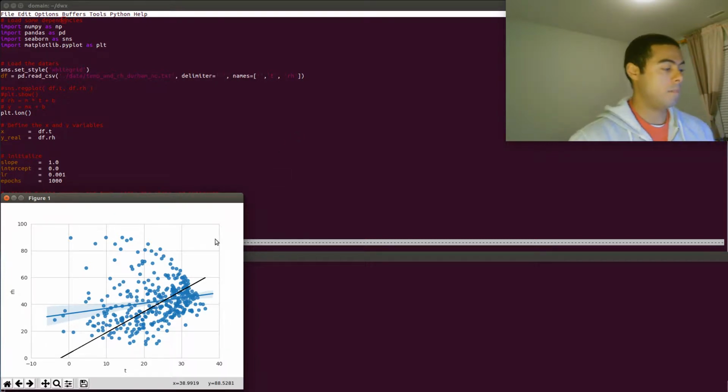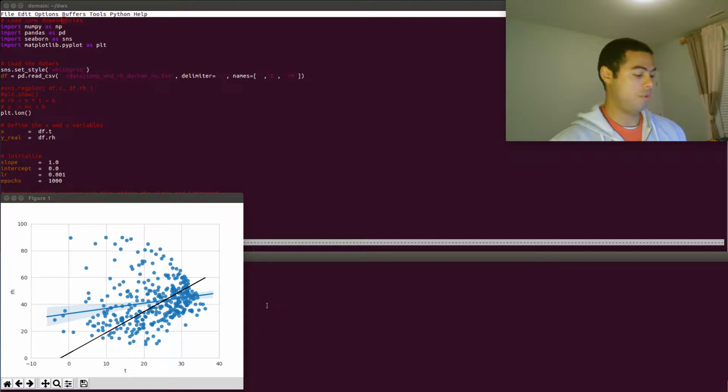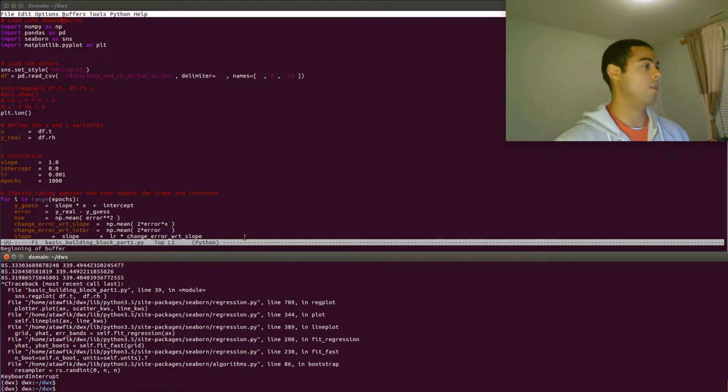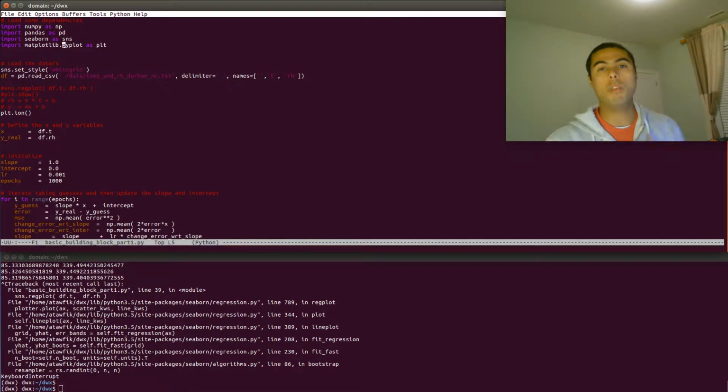So I'm going to kill this for now and show what happens when we try to increase the learning rate, which we talked about in the last video too. The way the neural network learns to fit that line is by slowly updating the slope and the intercept.